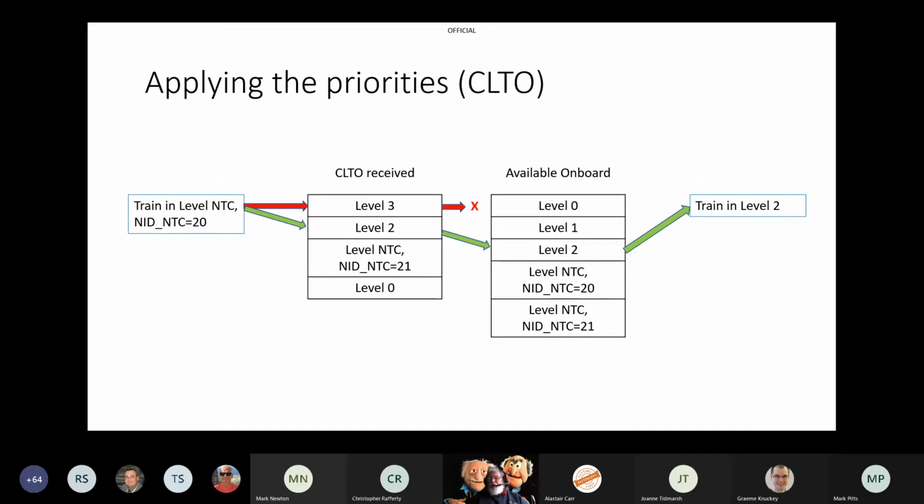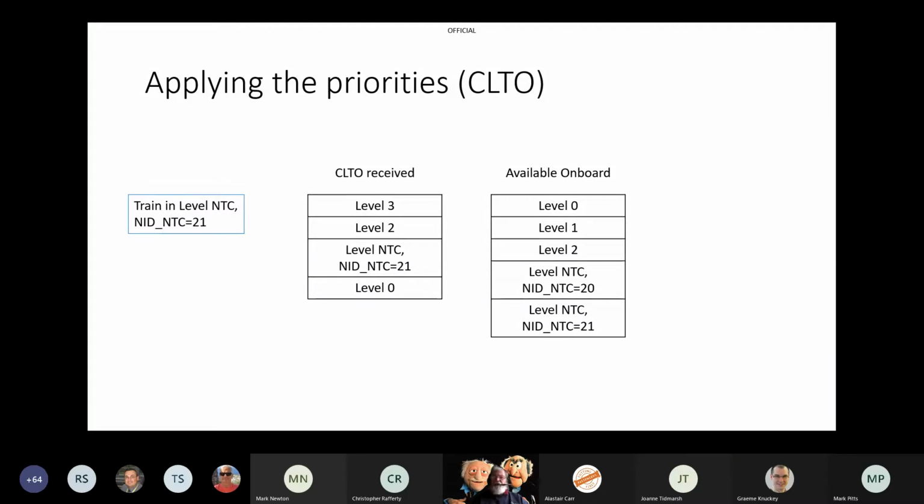So why would we use a conditional level transition order? Well, let's consider the train being in NID NTC 21. So this is a specific UK application where some drivers have not yet been authorised to operate in ETCS. It's not on their international driving licence.